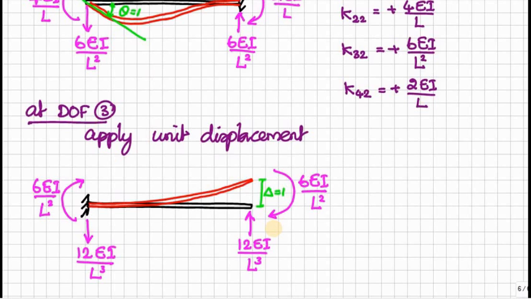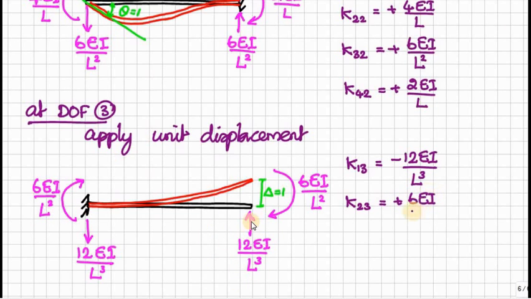Now we can assign K13, K23, K33, K43. K13 is nothing but this one, but in the opposite sense, therefore minus 12EI/L³, and this is K23 in the positive sense, therefore plus 6EI/L².